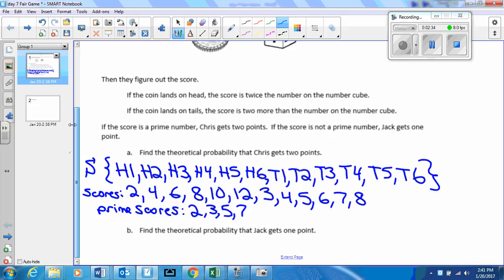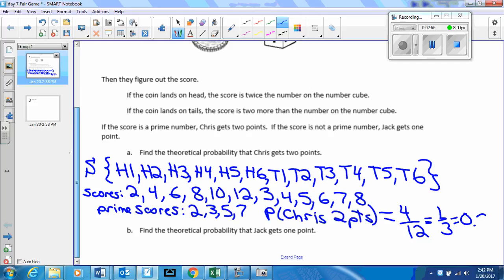So the theoretical probability for Chris to get 2 points was 1, 2, 3, 4 out of the possible 12 outcomes, which reduces down to 1/3, 0.3 repeating, or 33.3 repeating %.